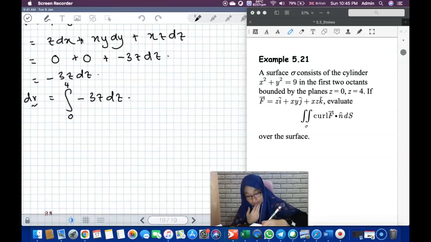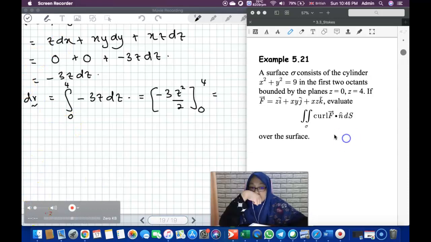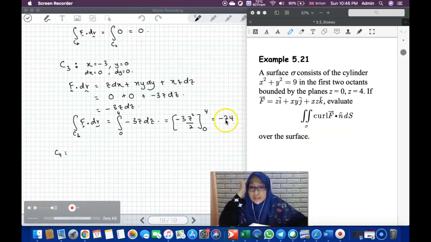So when we integrate, we got negative 3 z squared over 2, from 0 to 4. And you will get negative 24. So that is C3.